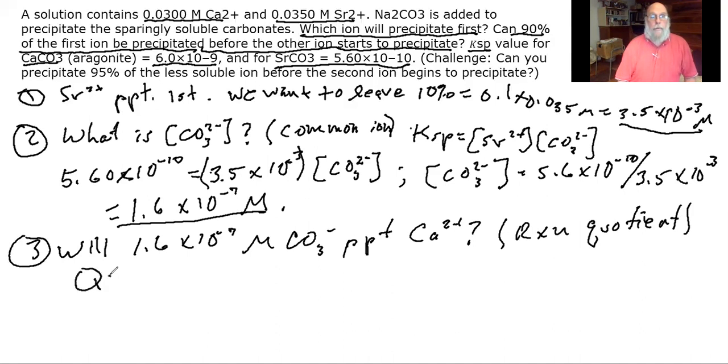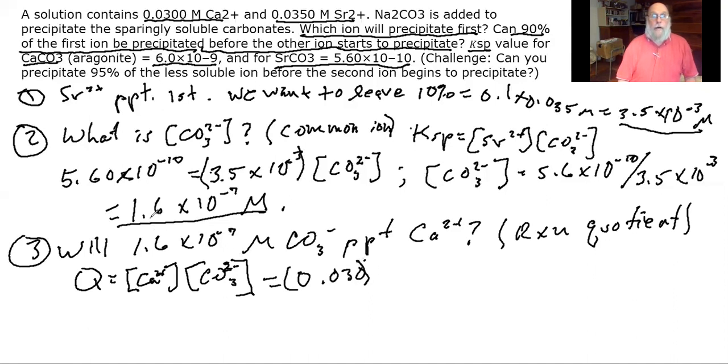We say Q is equal to, once again, we want to wonder now about calcium times carbonate. Oops, that's 2 minus. And our calcium concentration is 0.03 molar.